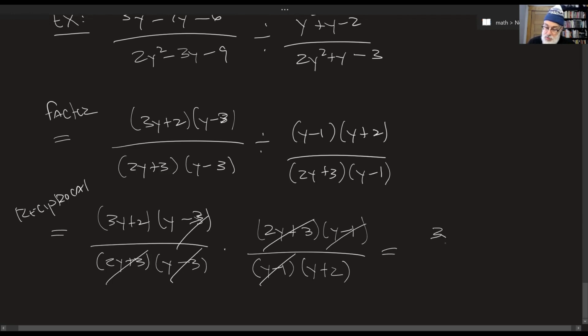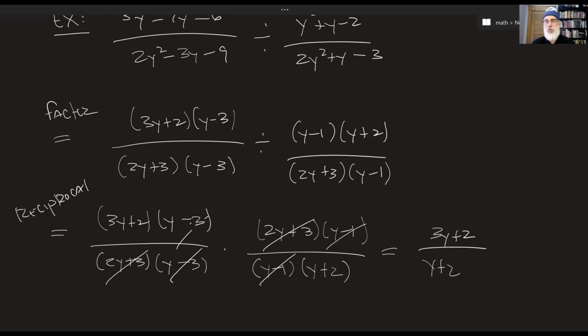And then we're left with 3y plus 2 and y plus 2. So my mistake here was writing this as a 5. My chicken scratch sometimes confuses me. That should be a 3. So those cancel. So the division leaves us with the expression 3y plus 2 divided by y plus 2.